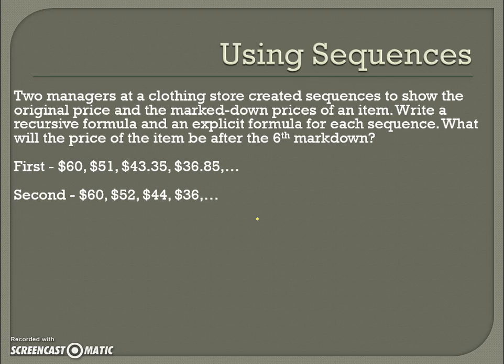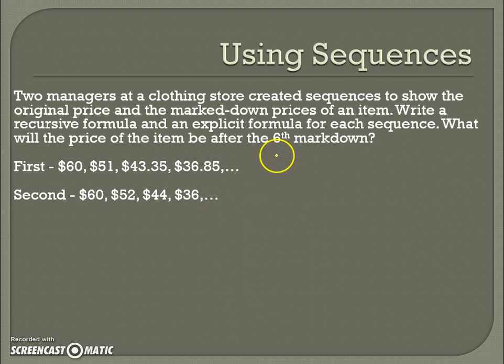All right, so we'll start with our recursive formula for this first one. First thing I need to do is identify a common ratio. So how do I get from this value to this value to this value to this value? Well, one easy way to do this is to take the second value and divide it by the first. Take the third value and divide it by the second. In other words, undo that multiplication.